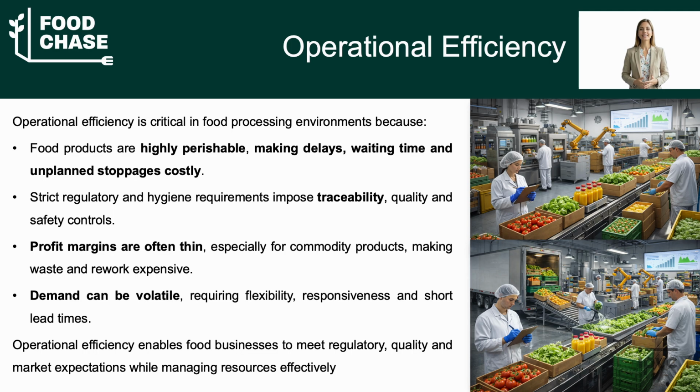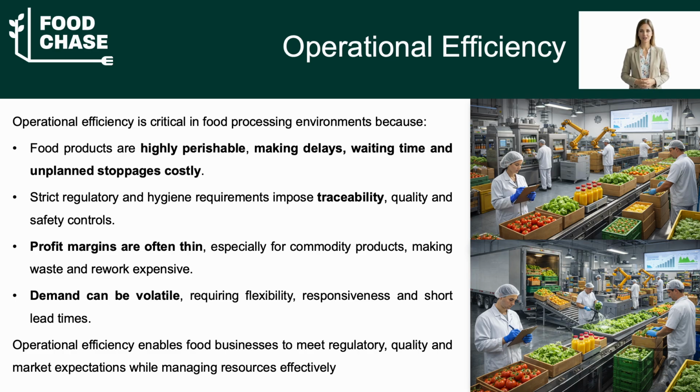Operational efficiency is particularly important in the food sector for several reasons. First, food products are highly perishable, which means that delays, waiting time, and unplanned stoppages can result in spoilage or reduced shelf life, making inefficiencies very costly. Second, food processing is subject to strict regulatory and hygiene requirements that impose traceability, quality, and safety controls. These constraints must be met consistently while production continues.